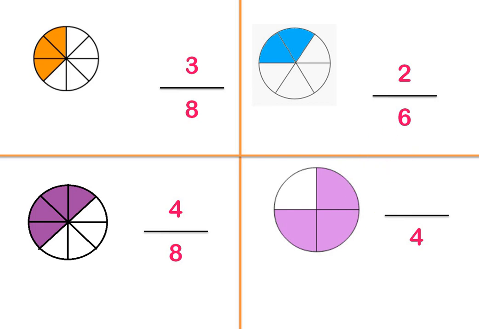Let's find out how many shaded parts there are. 1, 2, 3. So we have 3 colored parts. And we read this fraction as 3/4.